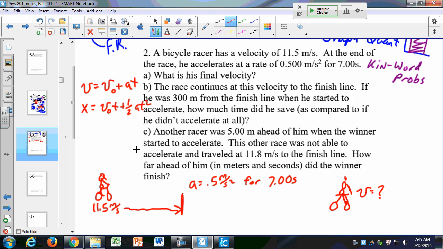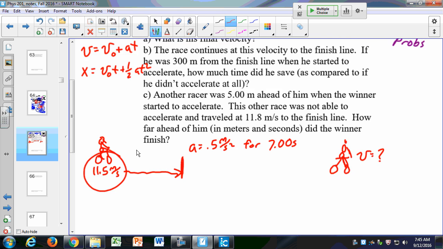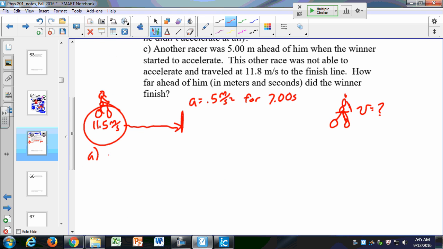I know his initial velocity. His initial velocity is this amount. So I'm going to write all that down. v naught equals 11.5. I know that he accelerates at a half a meter per second squared. And I know that he does that for a time equal to 7 seconds. All these are 3 sig figs. Now I want to know what is his final velocity.